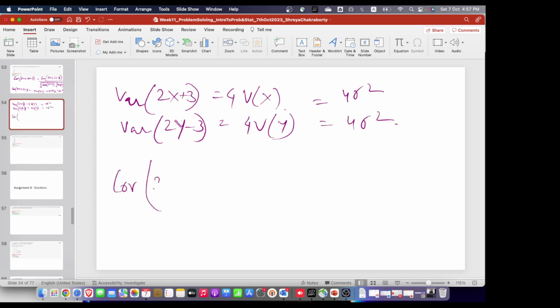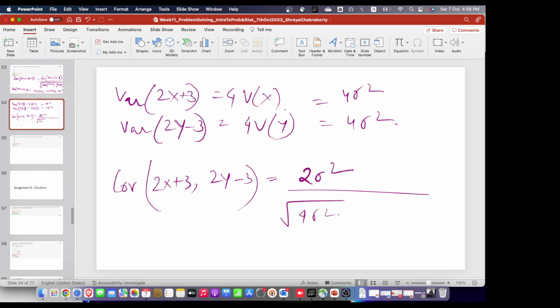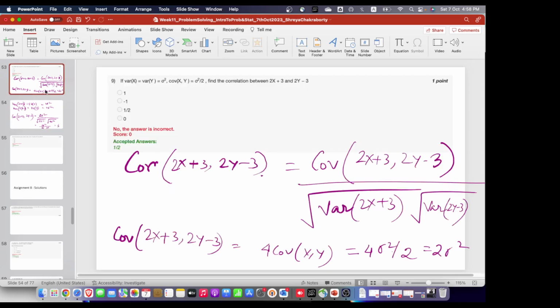Therefore correlation of 2x plus 3 and 2y minus 3 is equal to 2 sigma square by root over 4 sigma square root over 4 sigma square, which is 2 sigma square by 2 sigma 2 sigma. So this will be equal to half. That is the answer.